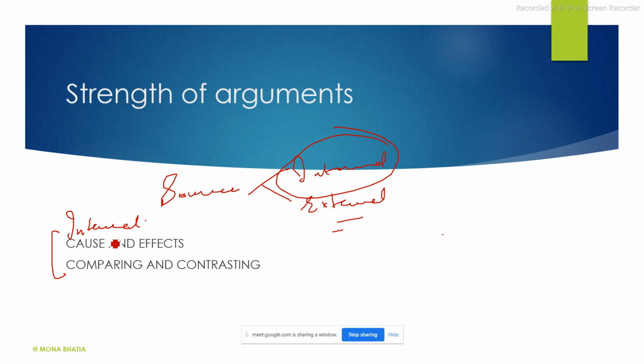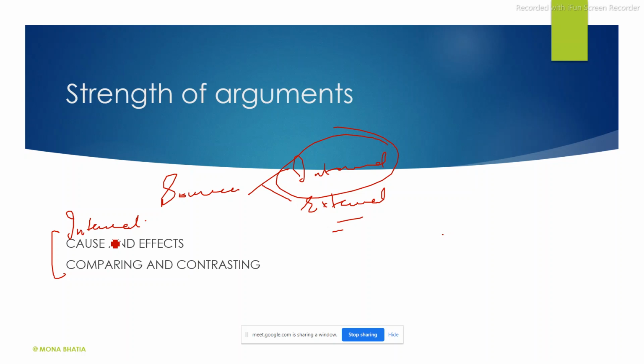So comparing and contrasting means here the role of a contrasting argument is to bring out the difference in things believed to be similar. Trying to bring out differences in things which look similar. The function of the comparing argument is to show the reader that things considered to be unlike are not actually.